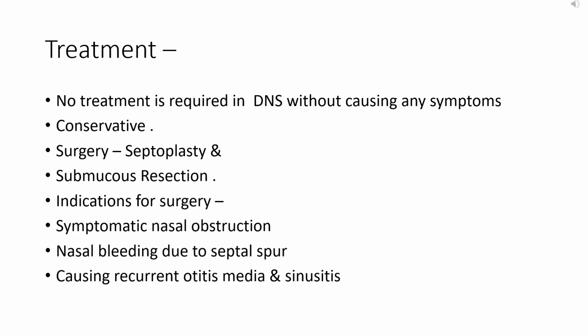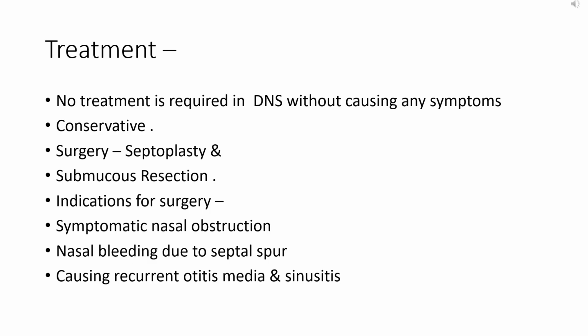Okay, so what are the indications of surgery in case of DNS? If there is symptomatic nasal obstruction, the patient is complaining of persistent nasal obstruction despite all the medical treatment and therapies, if there is any nasal bleeding, or if a nasal septal spur is present, that becomes an indication for surgery.